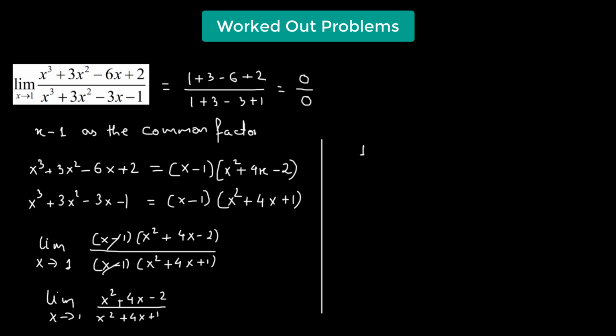So we have 1 squared, which is 1, plus 4 times 1, which is 4, minus 2, divided by 1 plus 4 plus 1. So we have 4 plus 1, which is 5. 5 minus 2 is going to give us 3. Then we have 4 plus 1, 5, 6. So we have the limiting value of half for the given rational function.